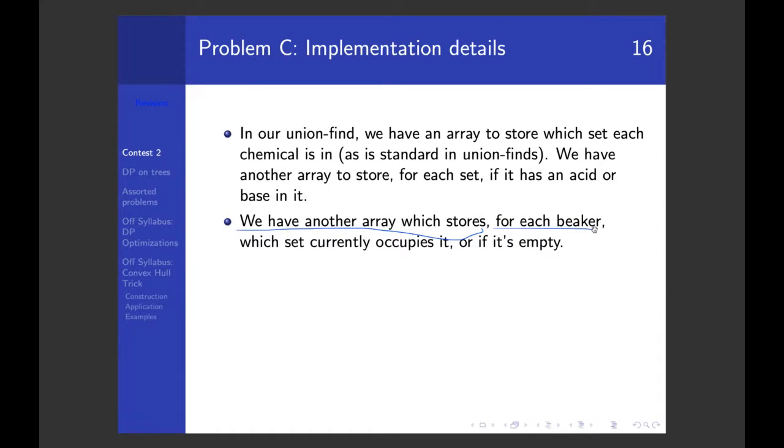So initially, chemical I occupies a beaker. When we merge X into Y, then we union find the chemical in X with the chemical in Y. We make sure that beaker Y says that it has that mixture in it, and that beaker X is empty now. If we do a future merge, we're merging a non-empty thing with an empty thing, and we need to keep that in mind.